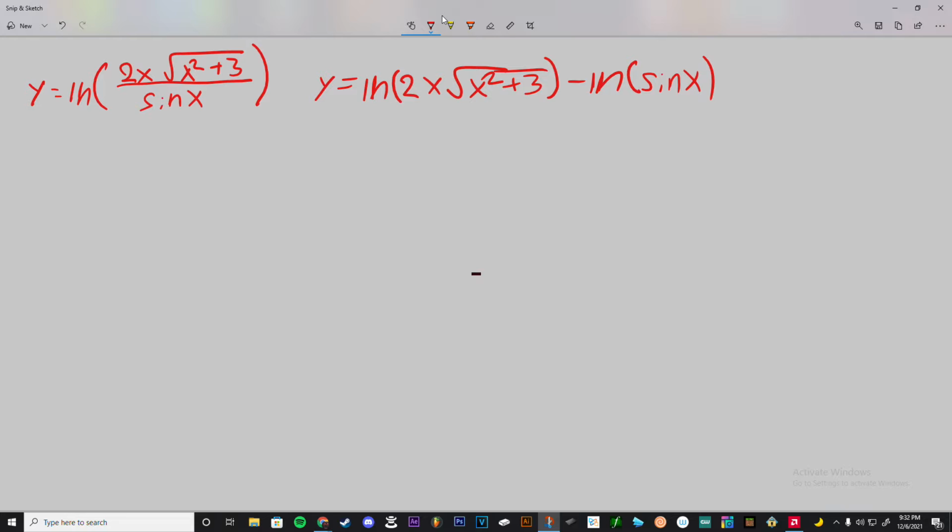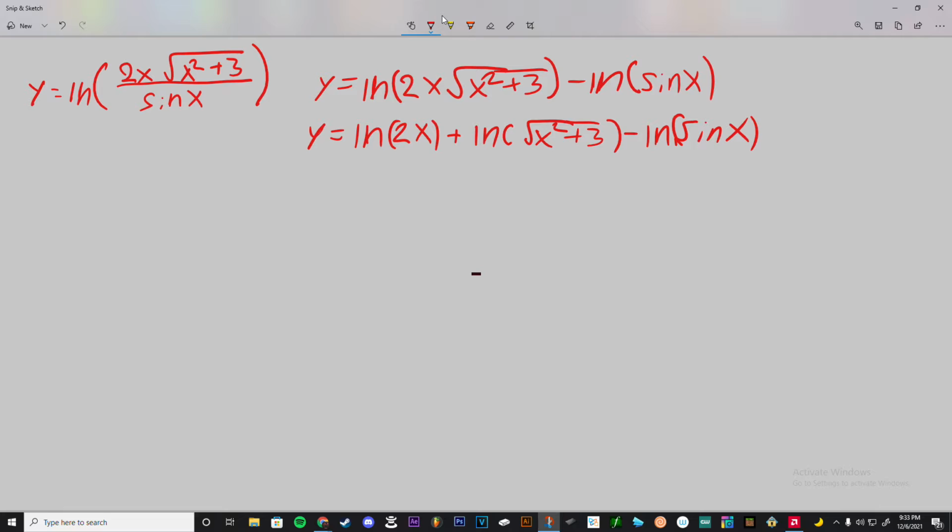You could do it once more here because there is another rule where if these are multiplying, you can add them. So then you can rewrite this once again. It's natural log of 2x plus the natural log of square root of x squared plus 3, and then minus the natural log of sine x.